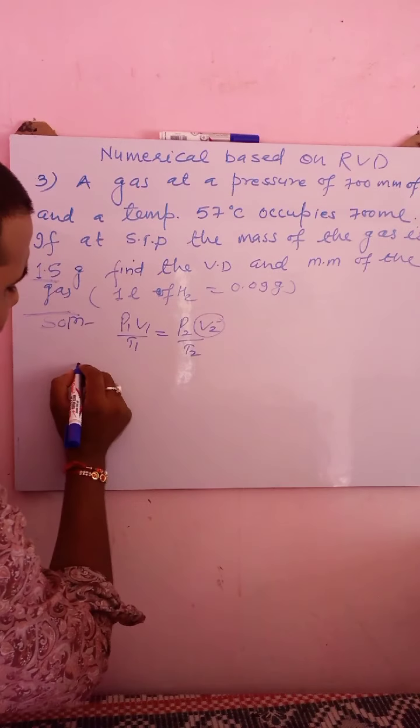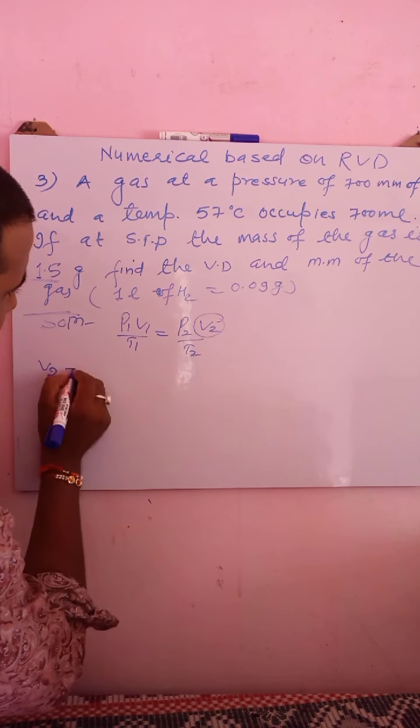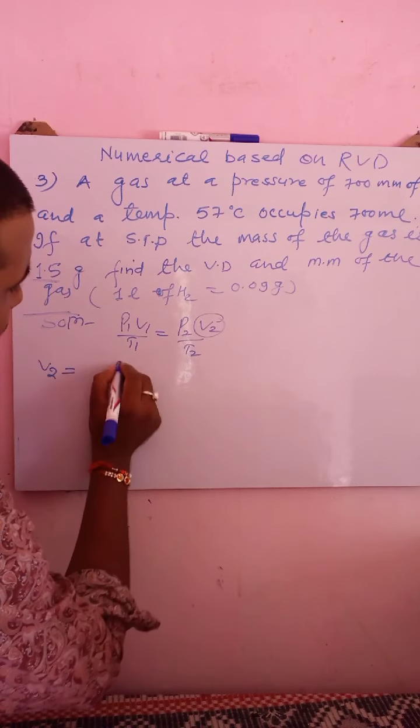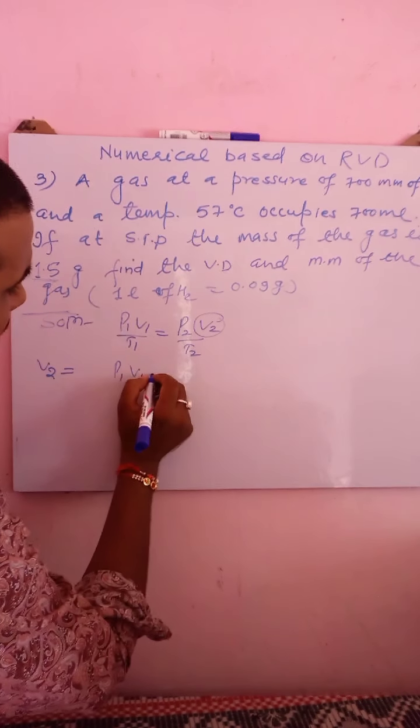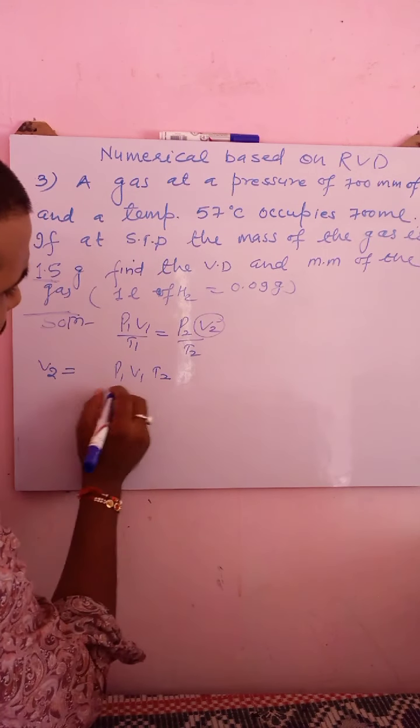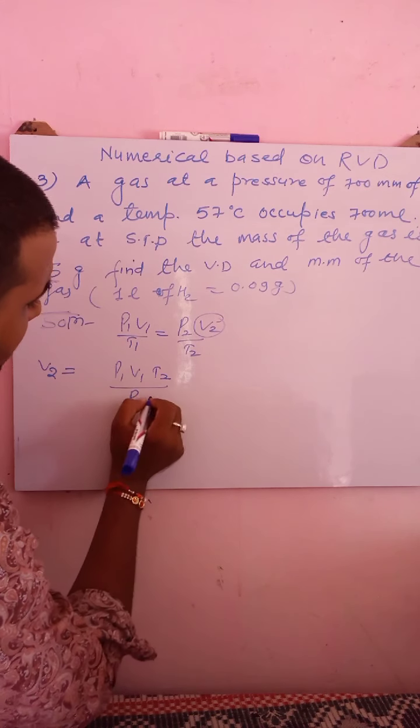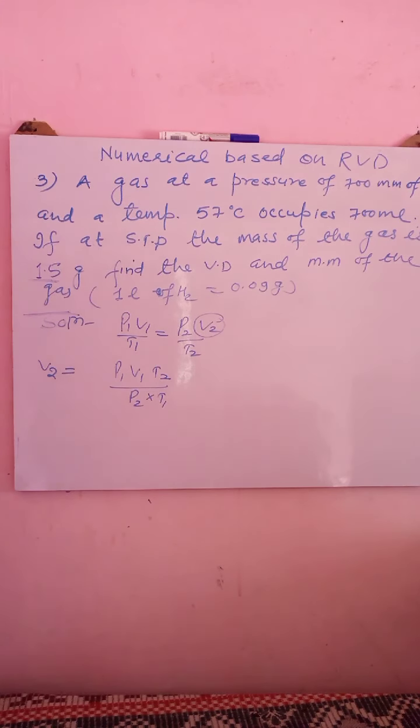So V2 is equal to P1 V1 into T2 divided by P2 into T1.